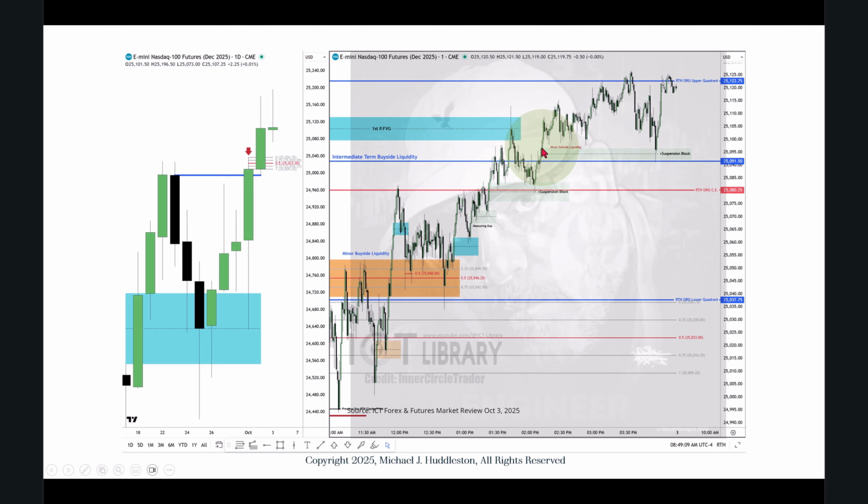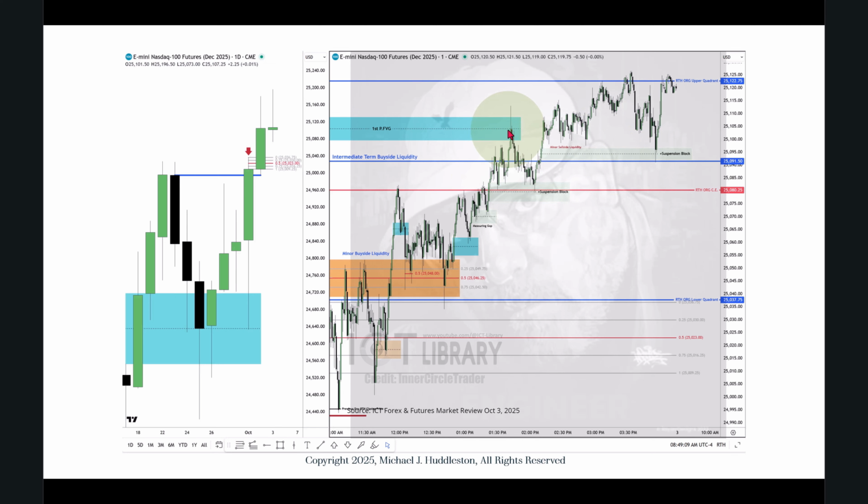And whenever we see this, it doesn't matter if there's a wick that came above and closed over top of that range that creates the suspension block, I will still use that. Suspension blocks are isolated candlesticks that really represent a point at which the algorithm will come back into it. Okay. We have minor sell side liquidity, relative equal lows here after reaching up into the first presented fair value gap that I shared with you as it happened.